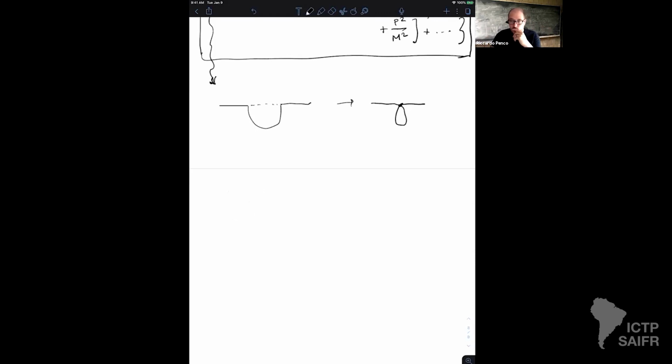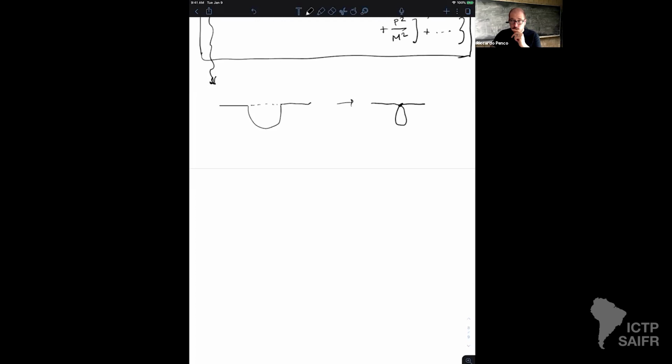Okay, and notice that the coefficients in the one-loop effective action depend on the renormalization scale mu. So this goes back to the question that someone asked before, whether the EFT was dependent on the scale. And as you can see, these coefficients explicitly depend on the renormalization scale.